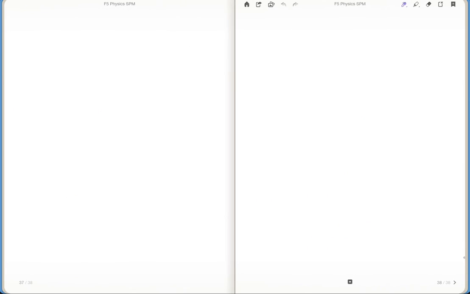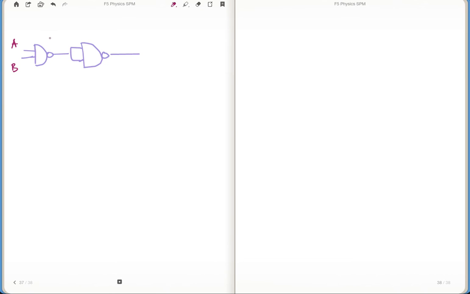I'll do it on the next page. Say, for example, you have a NAND gate with input and output, and then I share it with another NOT gate. So what would be the output? Let's make this an example for your exercise, A and B. It would be nice if you label the Boolean algebra over the output here.